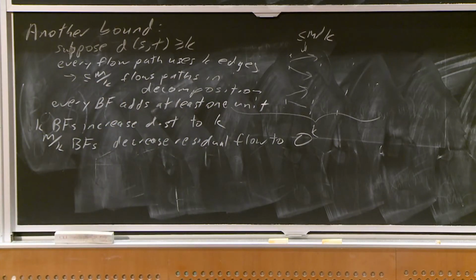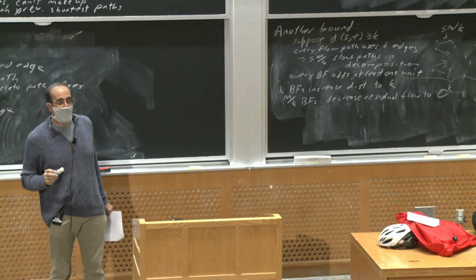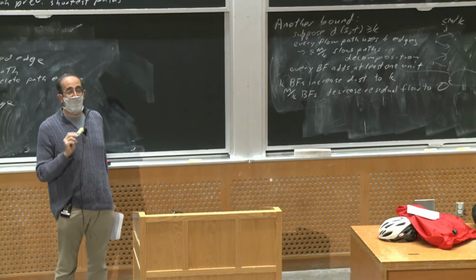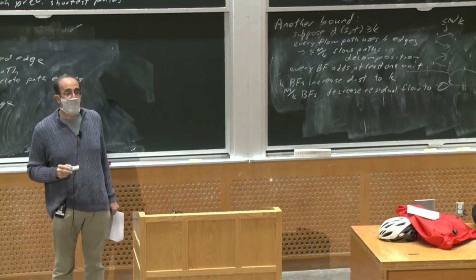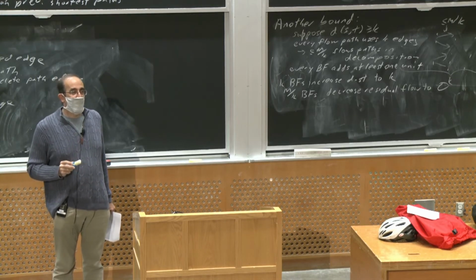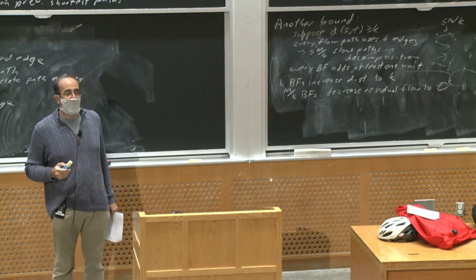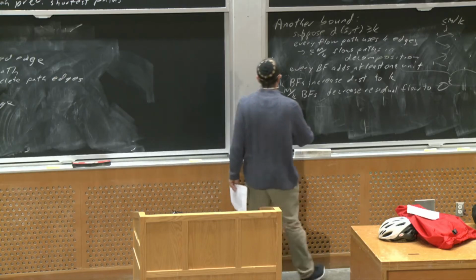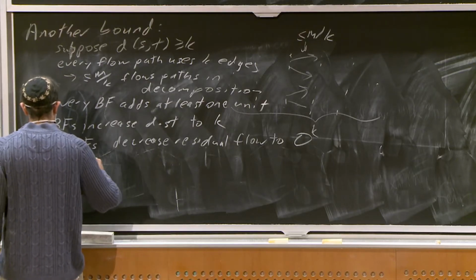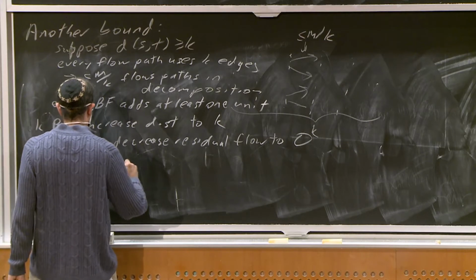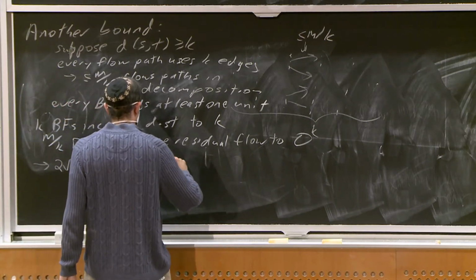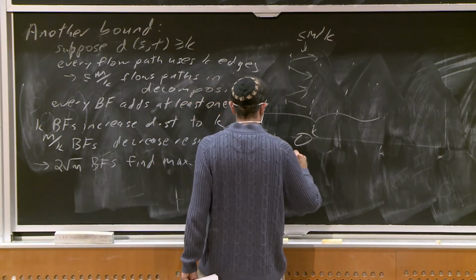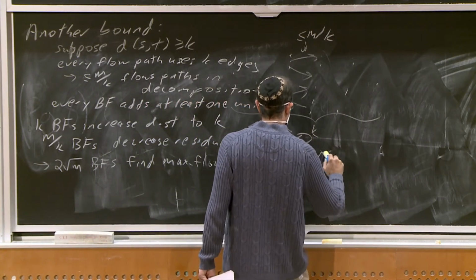So we need at most k plus m over k blocking flows to find a max flow. Now you notice that this argument works for any value of k. Right? So what would be a good value of k? Square root of m, right? 2 root m blocking flows find a max flow in order m to the 3/2 time.